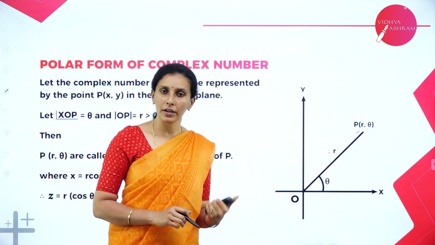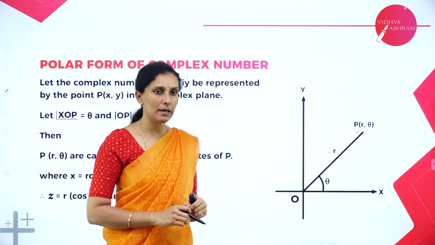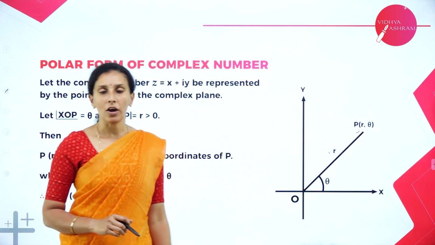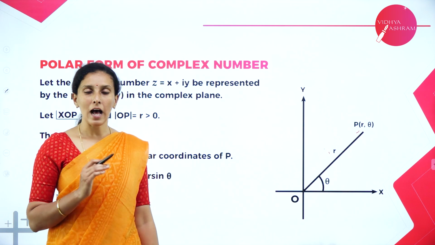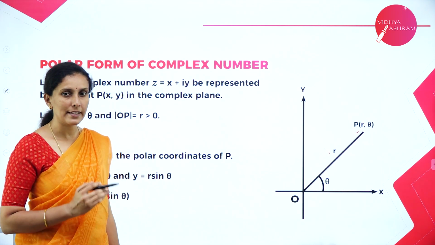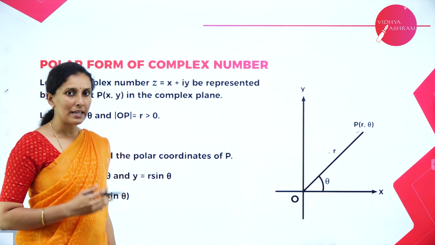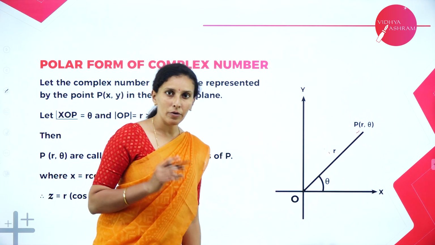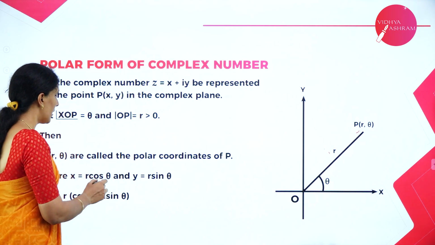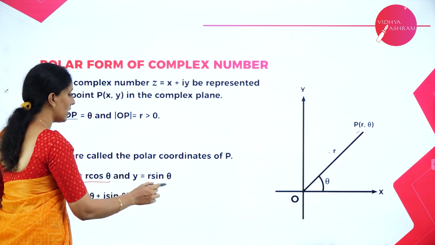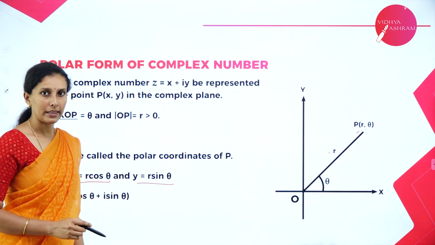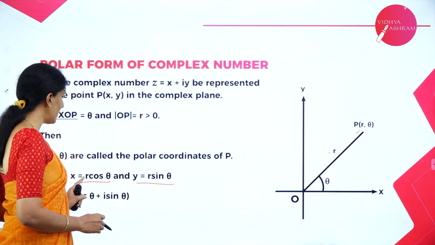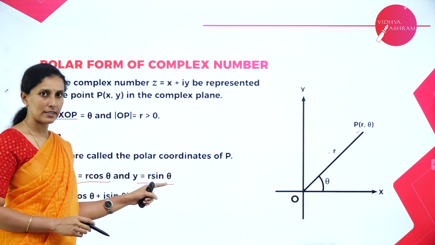The polar coordinates are written in the form P of r comma theta, and r is found by the same method, that is the square root of x square plus y square, and theta can be found by two equations: x is equal to r cos theta and y is equal to r sin theta. So the coordinates x comma y can be taken as r cos theta, r sin theta.